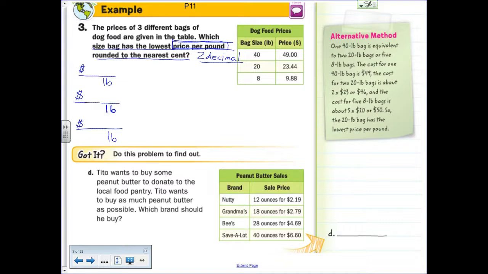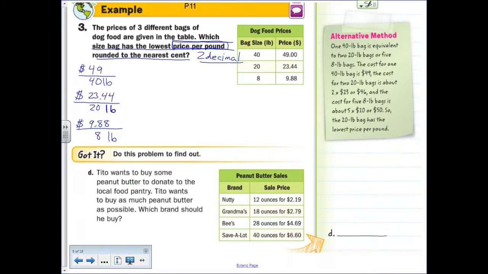So the first bag of dog food says $49 for 40 pounds. The second one says $23.44 for 20 pounds. And the third one says $9.88 for 8 pounds.